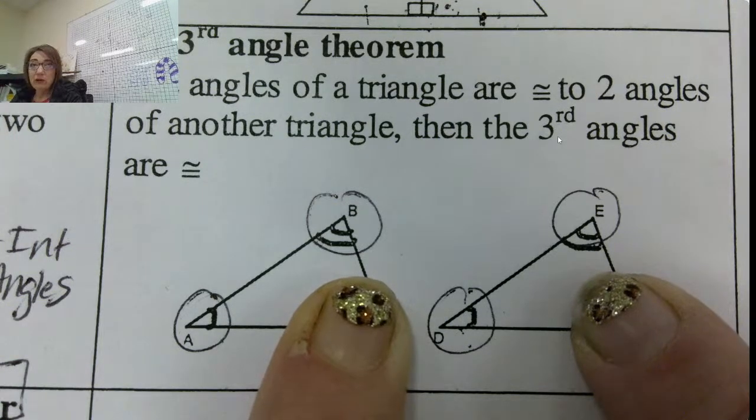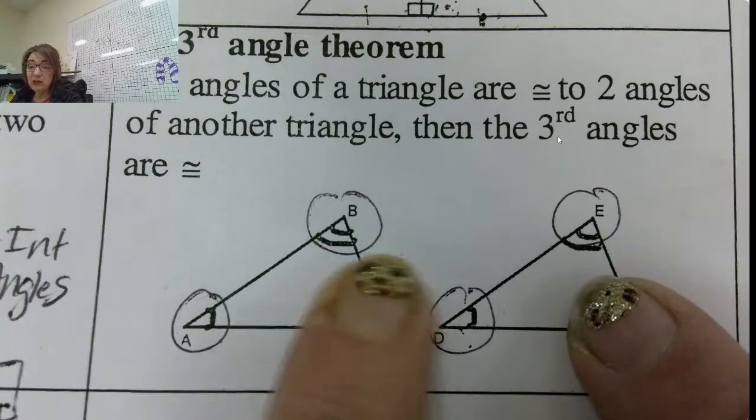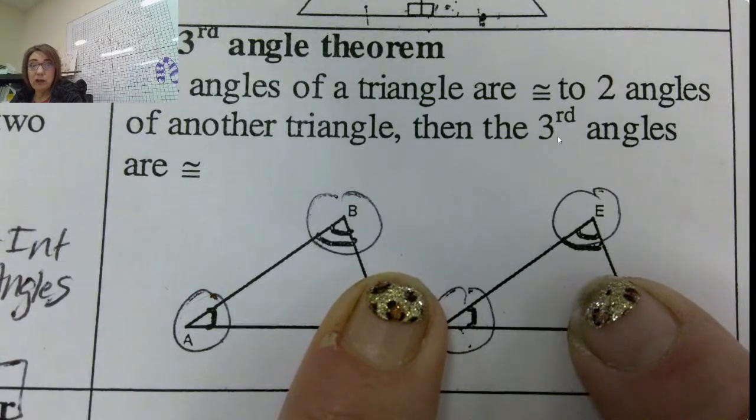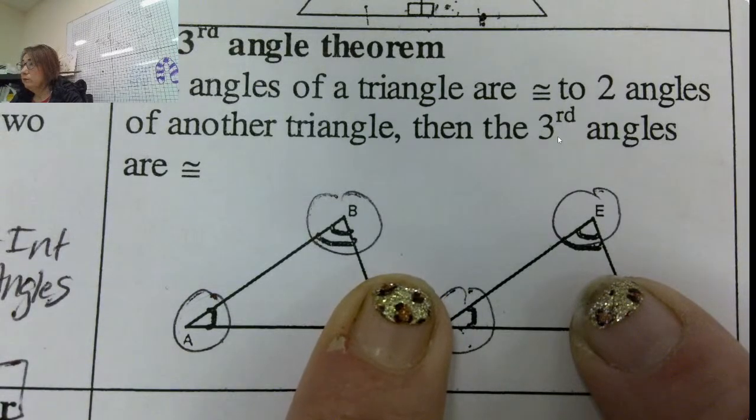They have to be congruent. This is called the third angle theorem because there's only one option for that third angle. There's only one thing it could be. In any triangle, if we know that A and D are congruent and B and E are congruent, then this angle and this angle have to be congruent because of the third angle theorem.